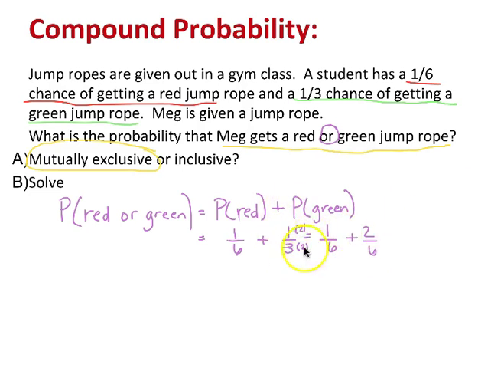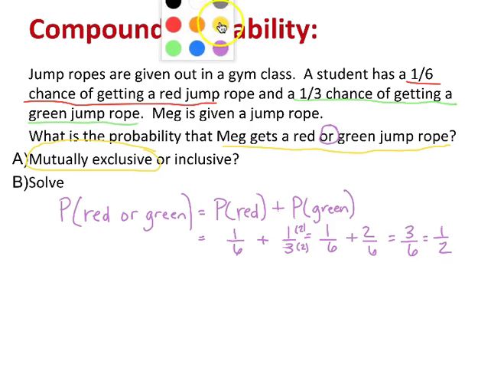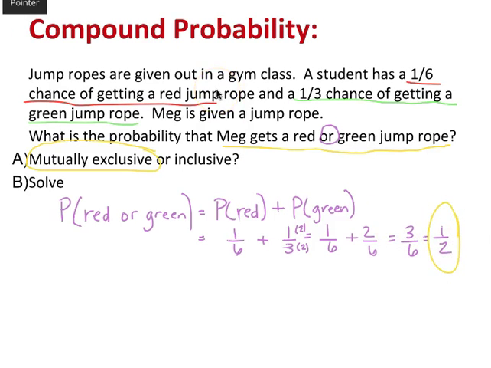I just changed that 1/3 into 2/6. Add those together, 1 plus 2 is 3, 3 out of 6. That's our probability, which we know we can reduce to 1/2. So there's a 1/2 chance that she's going to get a red or green. That was our last example.